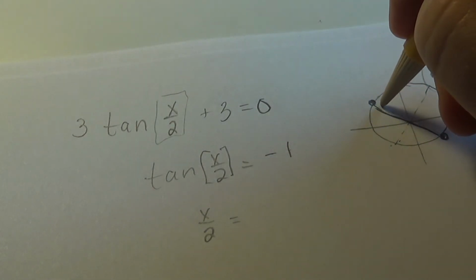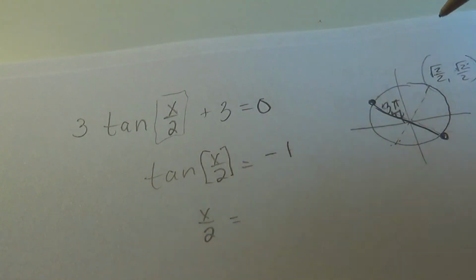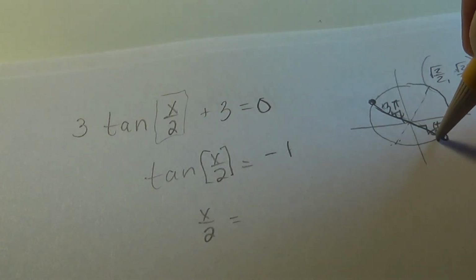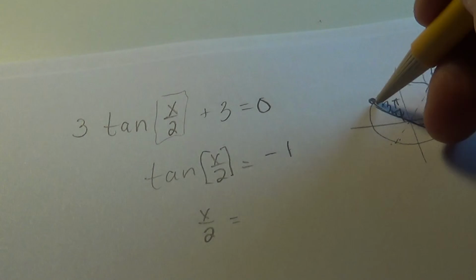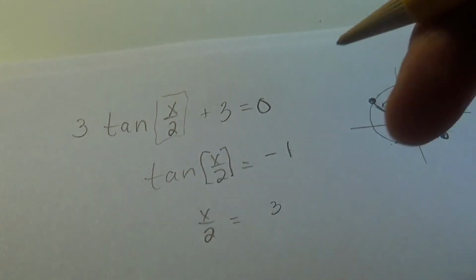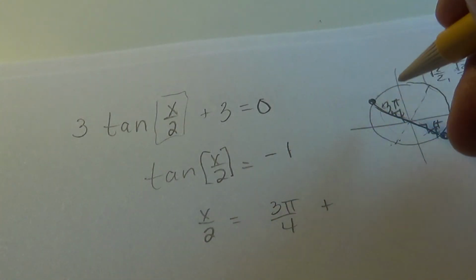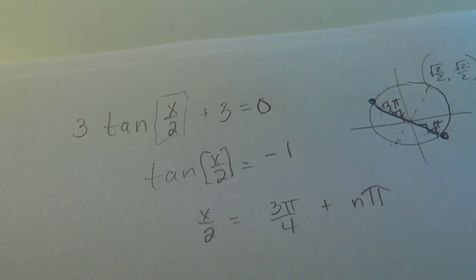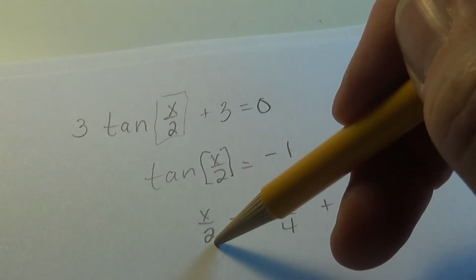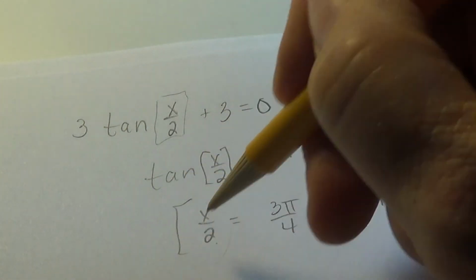So here and here, you can see that those are generated. This is 3 pi over 4, and this is 7 pi over 4. But we can generate both of those from this one by saying 3 pi over 4 plus, they are 180 degrees apart, so n pi. Now, to get rid of this 2, we don't divide by 2, since it's already divided, we're going to have to multiply by 2.